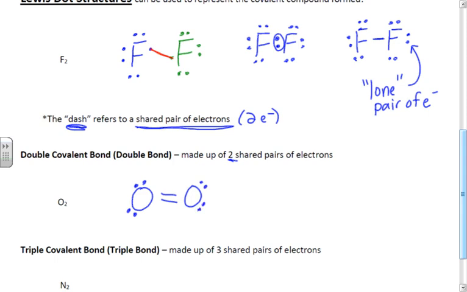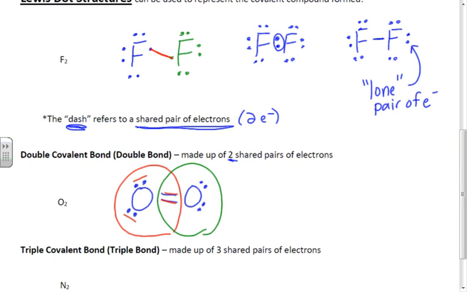Because again, if you're looking at just this part, you've got 1, 2, 3, 4 pairs. And then if we look at just this section, we've got 1, 2, 3, 4 pairs again. 4 pairs would be 8 electrons, which is the full octet that we know it wants to have.